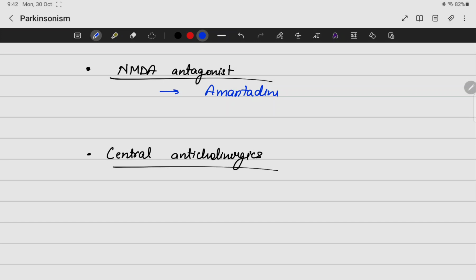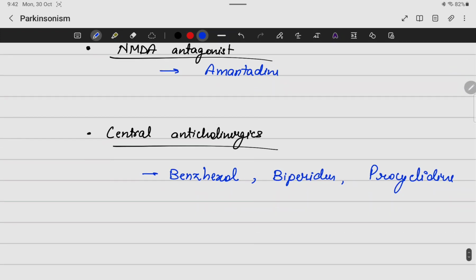The examples of central anticholinergics are benzhexol, biperiden, and procyclidine. Then you can also use antihistaminics, because some H1 antihistaminics, your first generation antihistaminics, have additional anticholinergic properties. So you are using antihistaminics because of their anticholinergic properties.